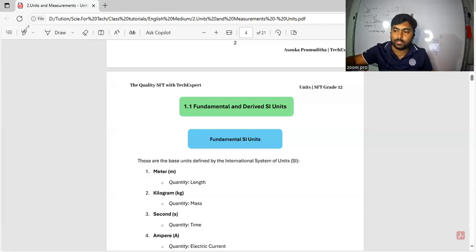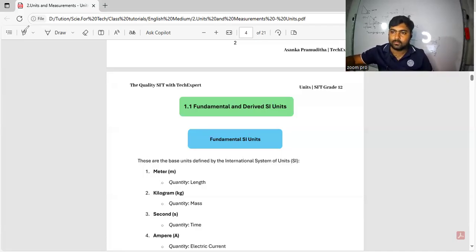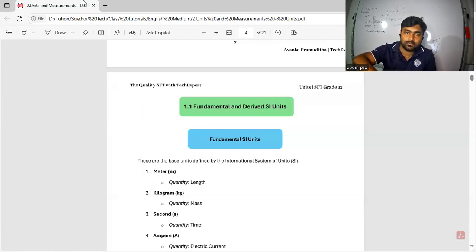Second lesson: fundamental and derived unit system. Okay, then write like this.